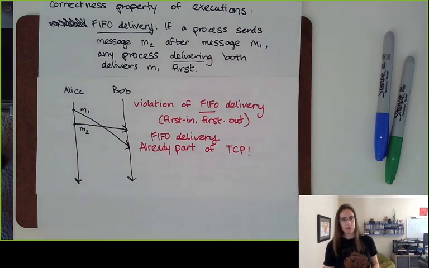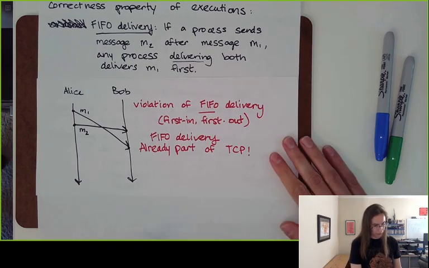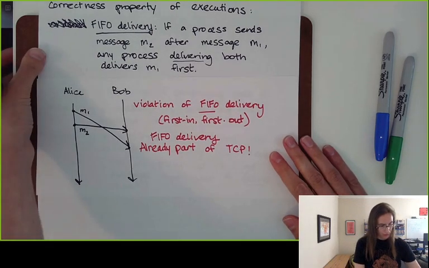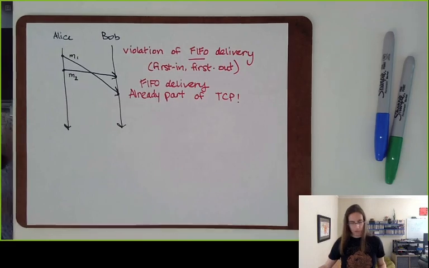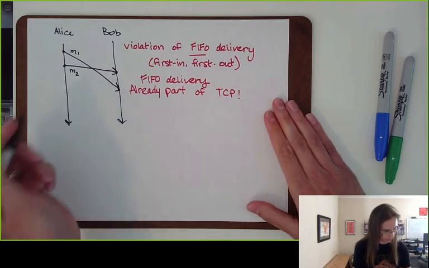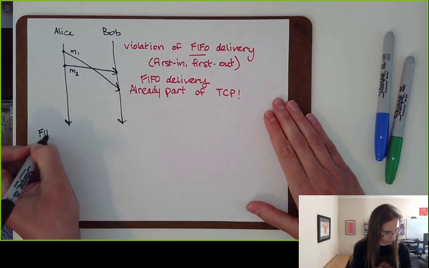Good. Sequence numbers, yeah. So the usual approach for implementing FIFO delivery is something like sequence numbers, which works something like this.